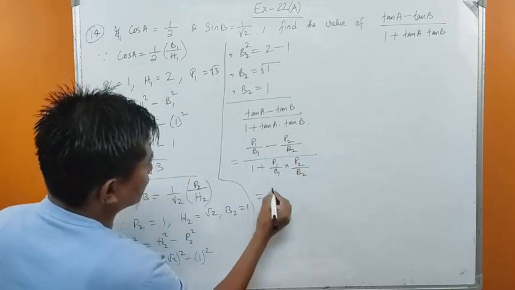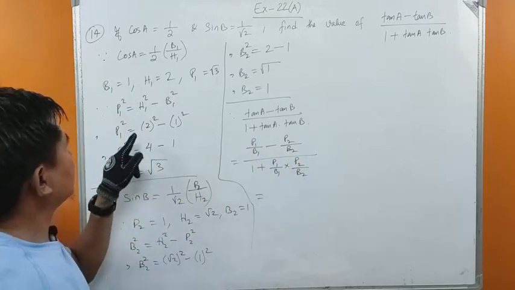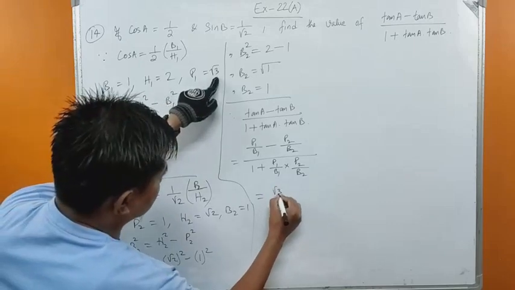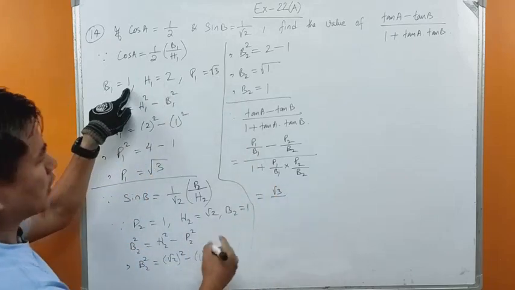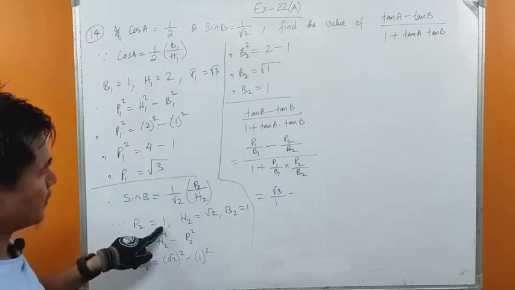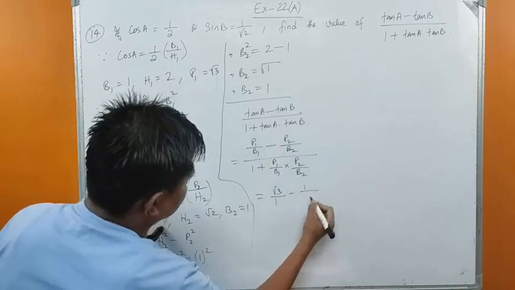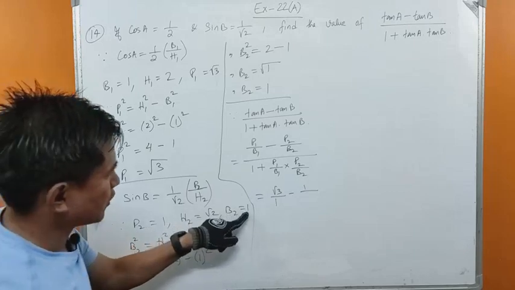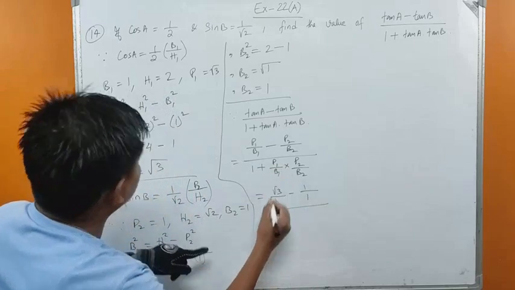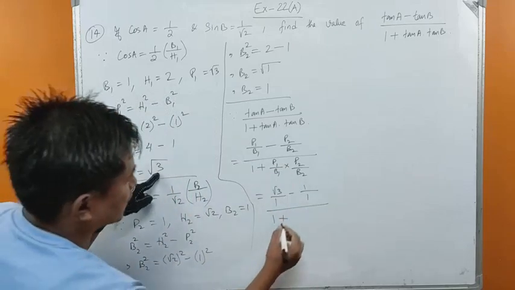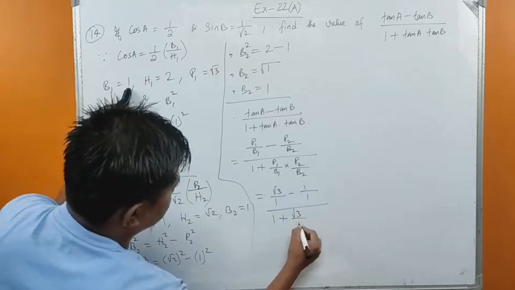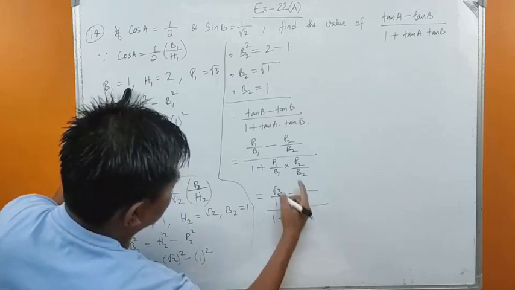Now P1 is root 3 upon B1 is 1, minus P2 is 1, B2 is 1, whole upon 1 plus root 3 upon 1 into P2 by B2.